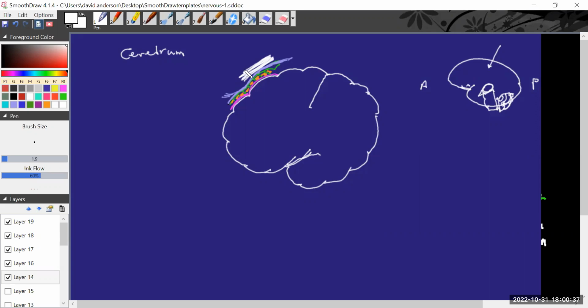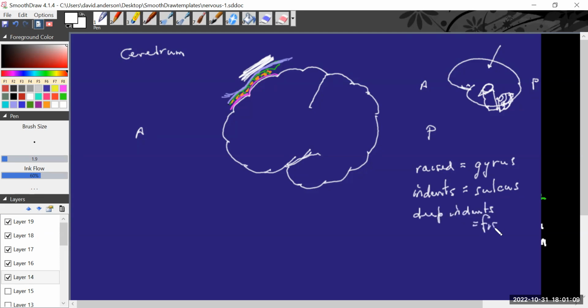When we look at this left cerebral hemisphere, so let's keep our orientation, the raised areas are called a gyrus, and the indented areas are called a sulcus, and deep indents are called fissures.